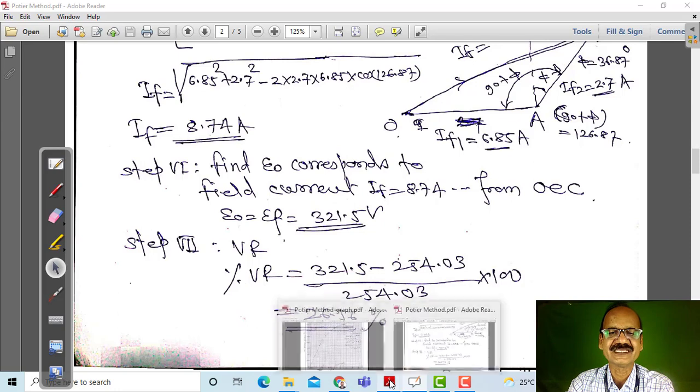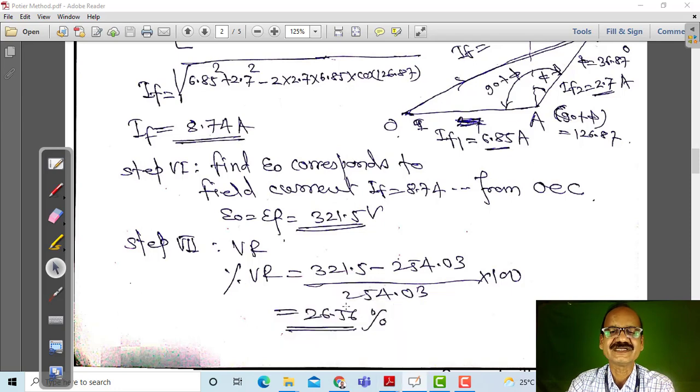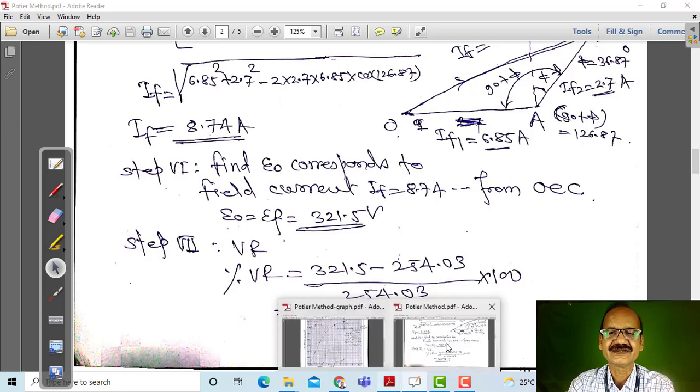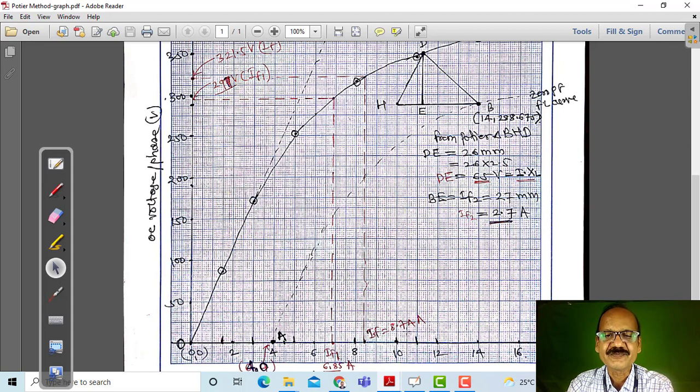Let us check by the graph. So 8.75, and here it is. See, 8.74 is here. Corresponding to this, the voltage is close to 325. Here it is 300, here it is 325, and here it is 350. So it is close to 325, and it has been observed that it is 321.5.